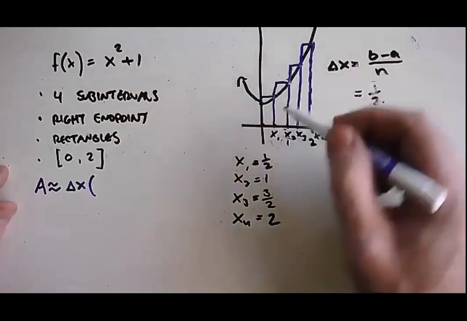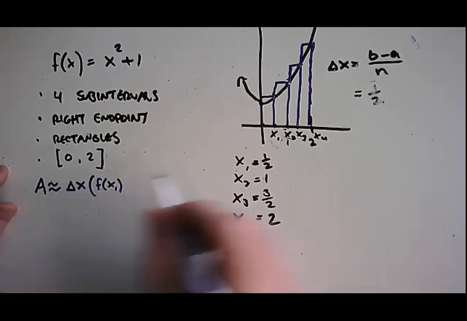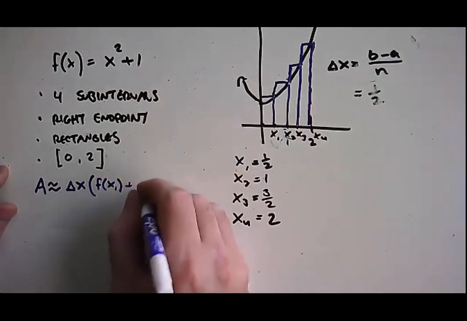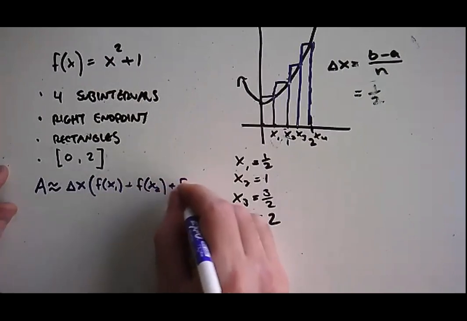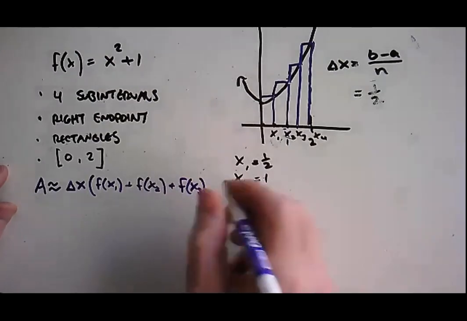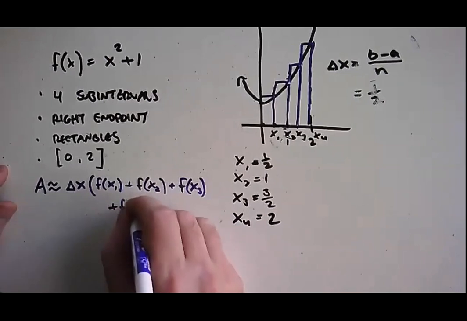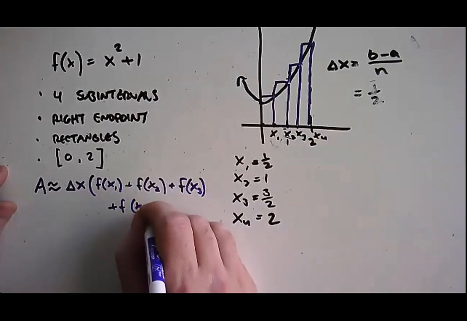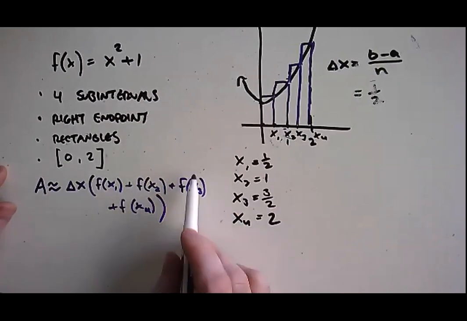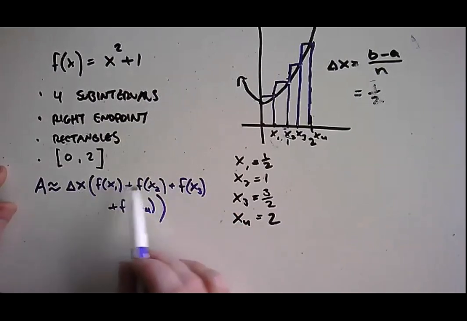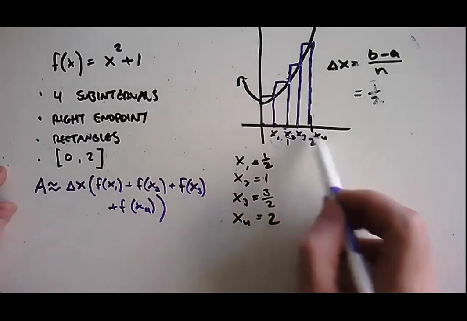The first is f of x1, the height of the first rectangle, and then f of x2, f of x3, and f of x4. Our area is made up of 4 rectangles with the same width but different heights, given by our function evaluated at these x values.